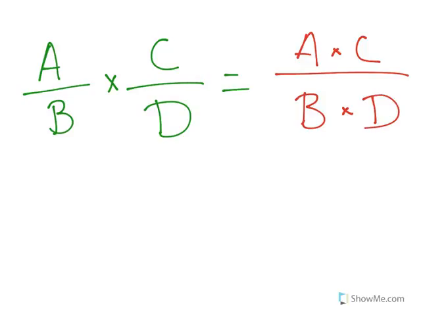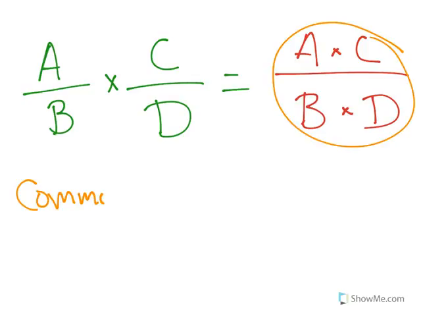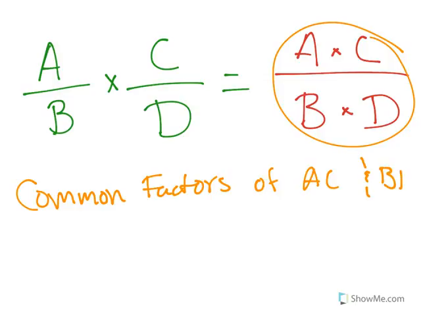Of course, there is something to keep in mind. Now that you have this, you can actually find the common factors of AC and BD and cancel them out.